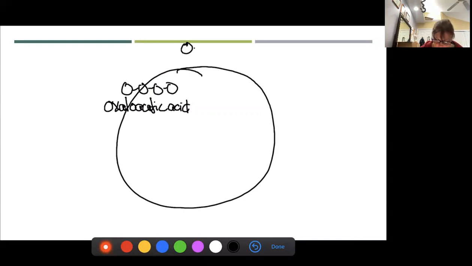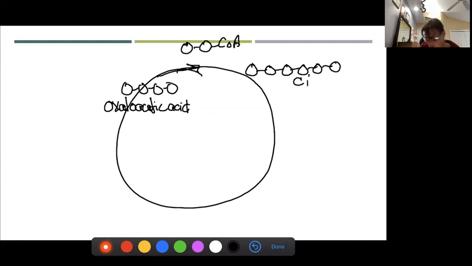So we have 2 carbons coming in here, coenzyme A, and they're going to hook up and form a 6 carbon molecule called citrate. All right, so 4 plus 2 gives me 6.